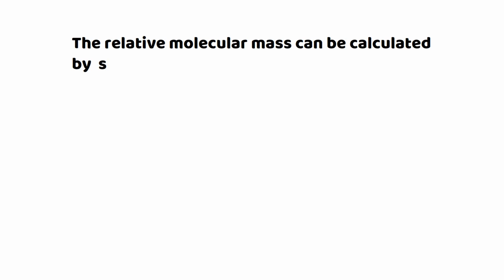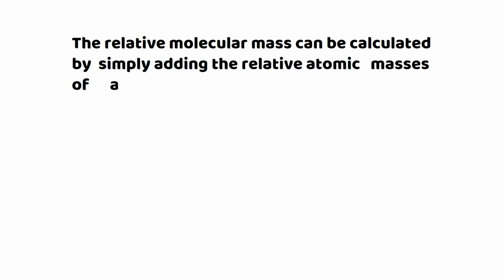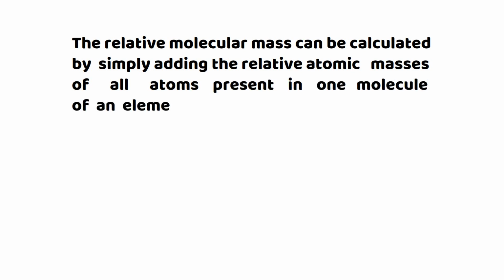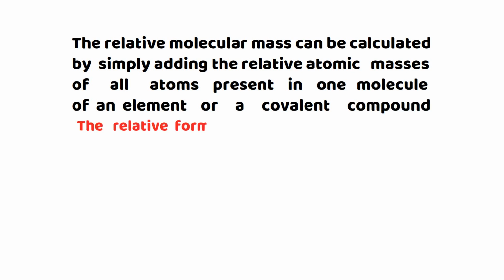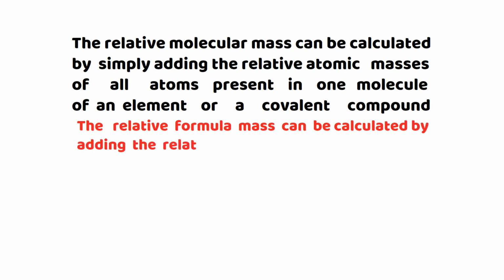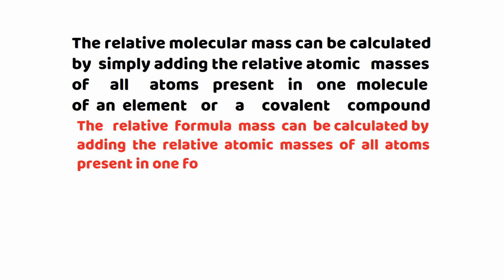Now, the relative molecular mass can be calculated by simply adding the relative atomic masses of all atoms present in one molecule of an element or a covalent compound. Similarly, the relative formula mass can be calculated by adding the relative atomic masses of all atoms present in one formula unit of an ionic compound.